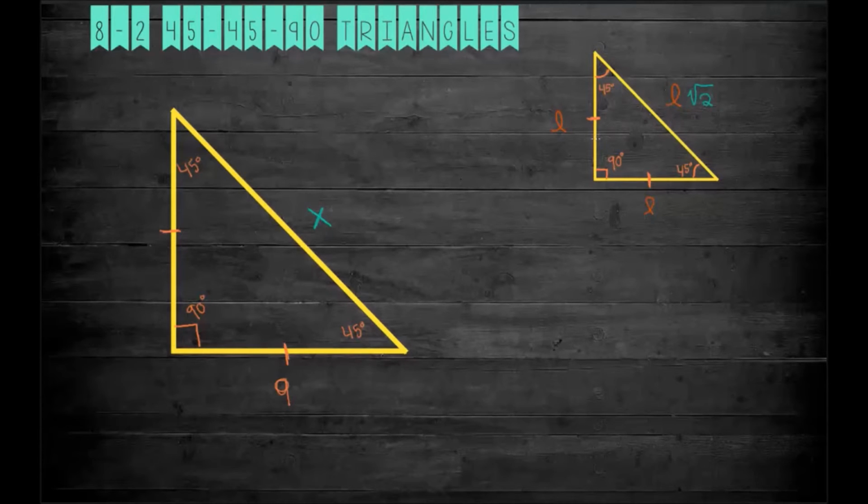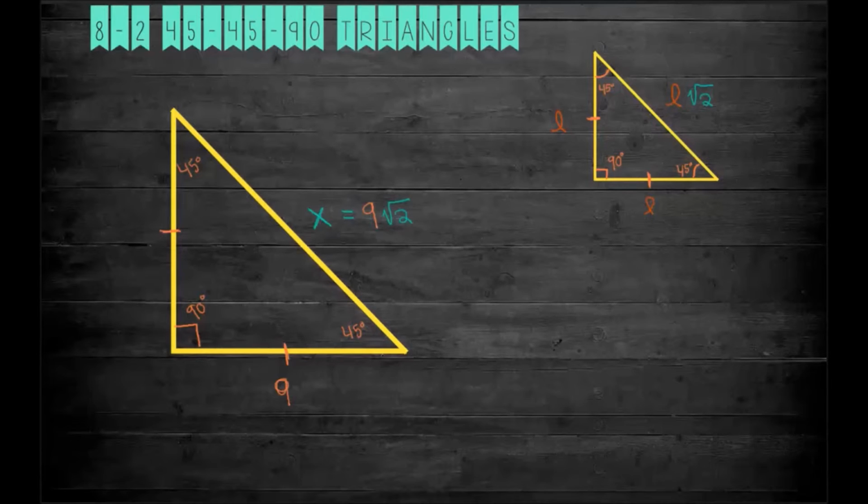Well, we can use this ratio over here. We know that if the side lengths are a given length L, the length of the hypotenuse will be that L, that distance of the side, times the square root of 2. So that tells me that x is going to equal our 9 times the square root of 2. And it's as simple as that.